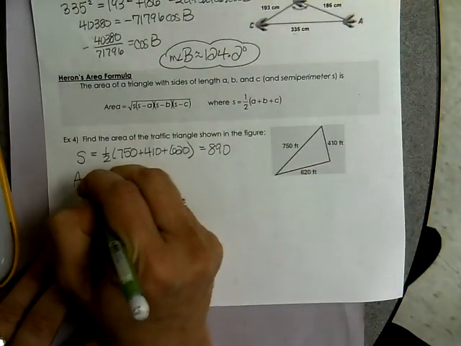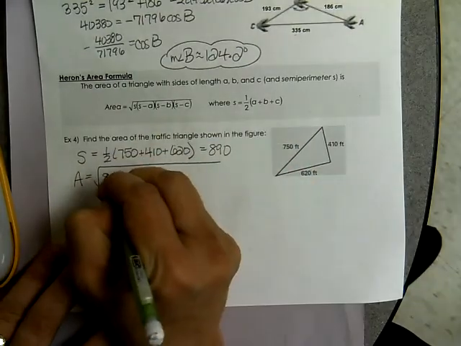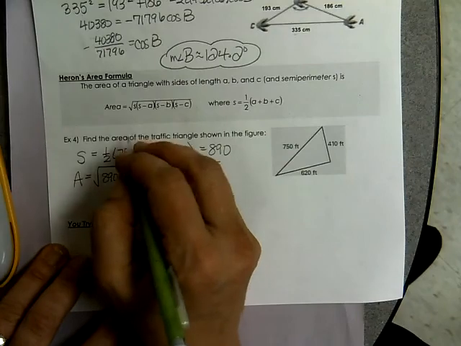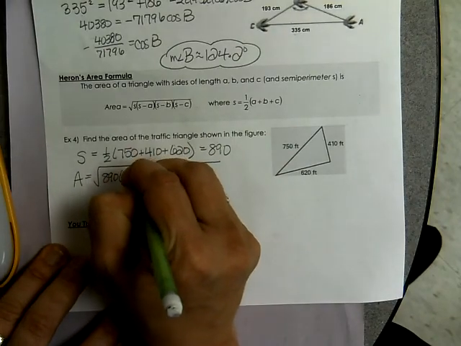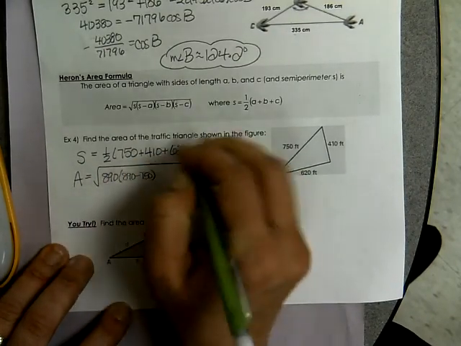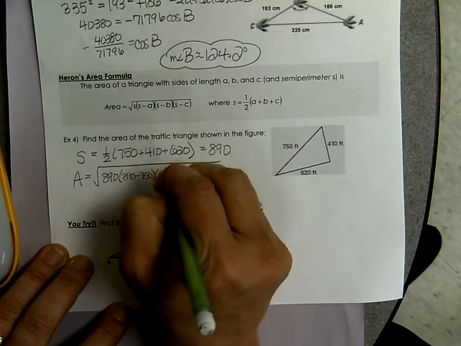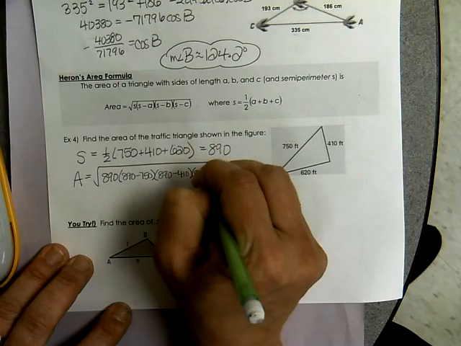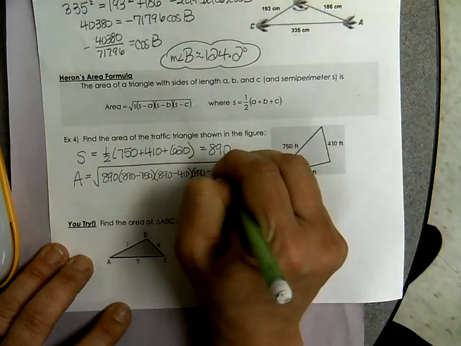That means that the area then will be 890, the S. Now we're going to take 890 minus 750. We're going to take 890 minus 410 and 890 minus 620.